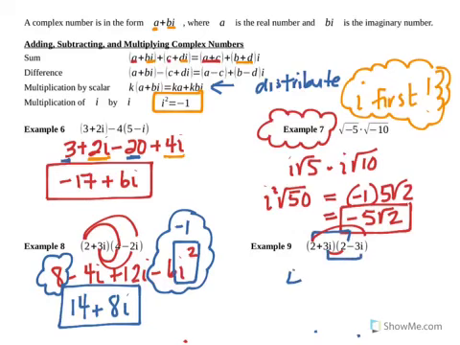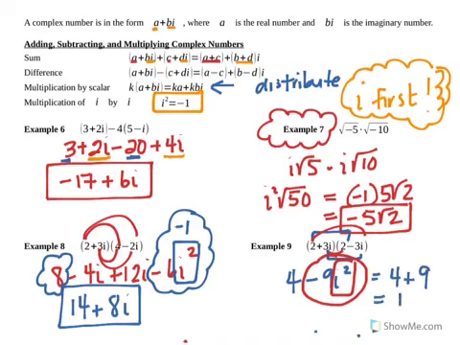So 2 times 2 is 4. Then 3i times negative 3i is negative 9i squared. And again, remember that this guy right here is equal to negative 1, making this equal to 9. So what you end up with actually is 4 plus 9, and you end up with a real number, which is going to be 13.